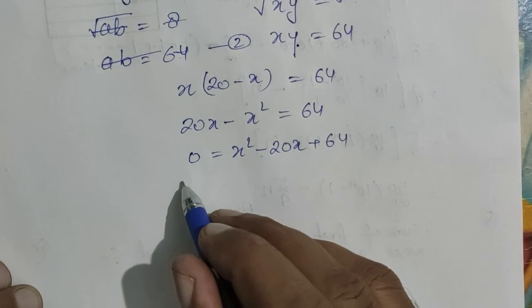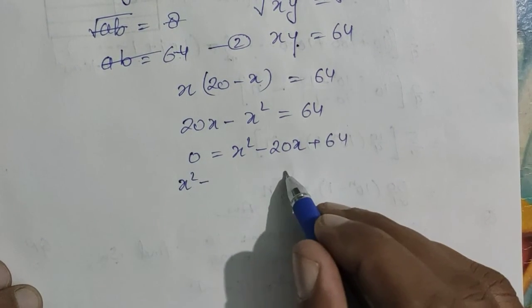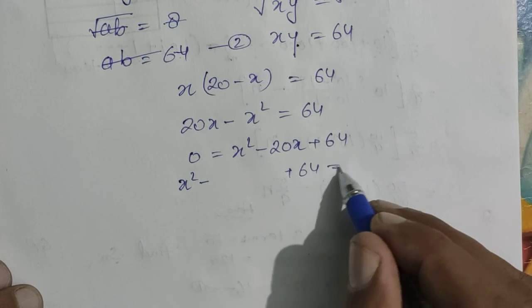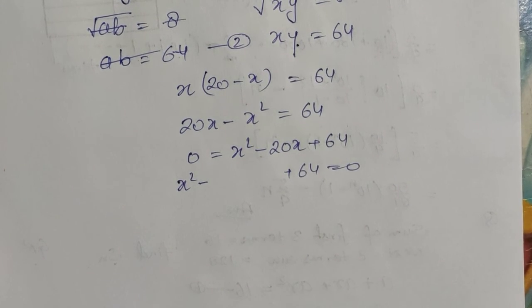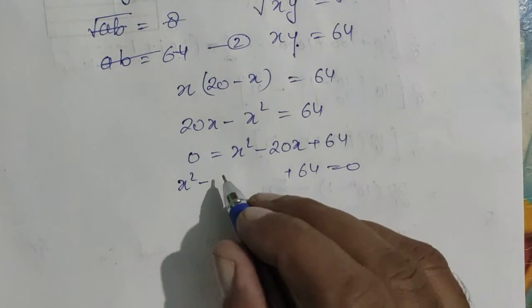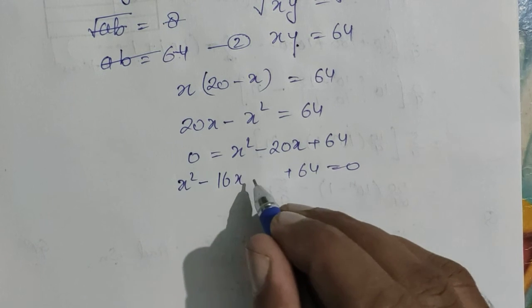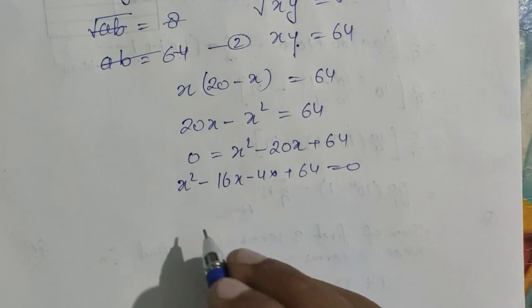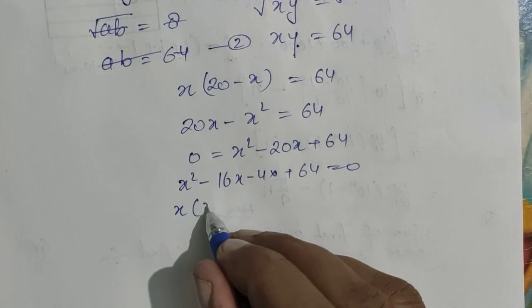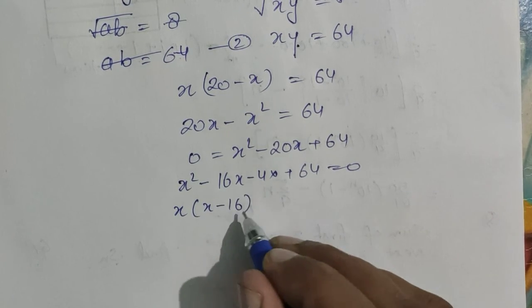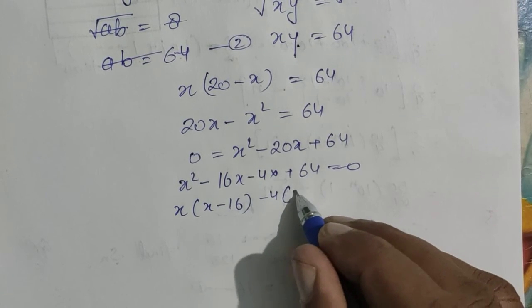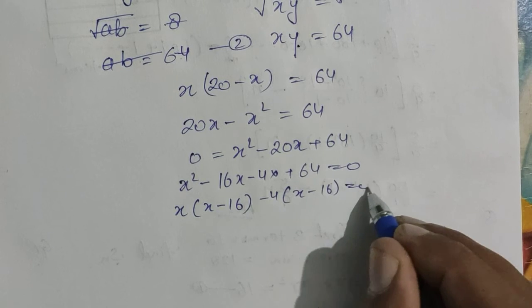On factorizing, x squared minus 20x plus 64 equals 0. Yes, the factors will be 16 and 4. So x minus 16, x minus 4 equals 0.